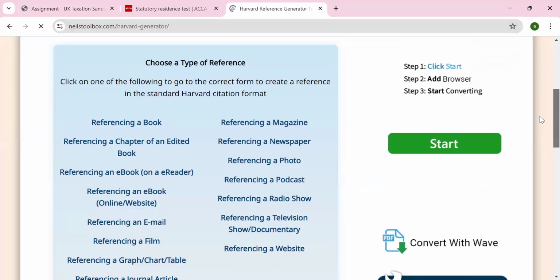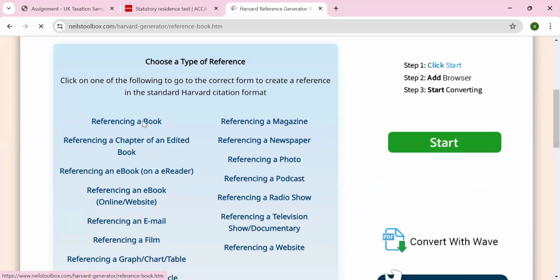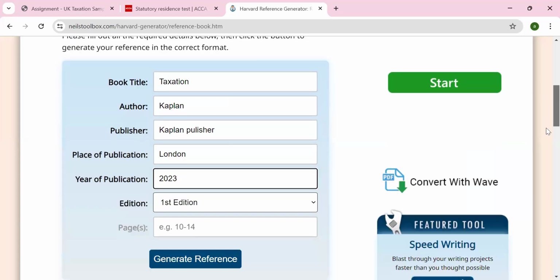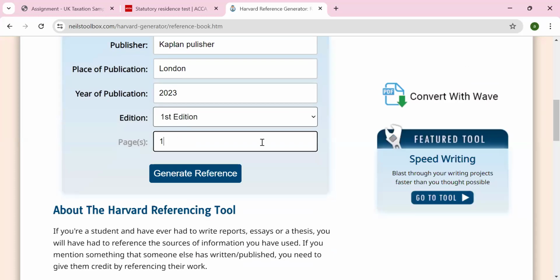So please, if you're using a book or a journal article, say I'm using a book, and the book title was, let's say, Taxation, and the author was Kaplan, and the publisher Kaplan Publishing, and the year of publication 2023, and it is the first edition, and you read from page 10 to 30.